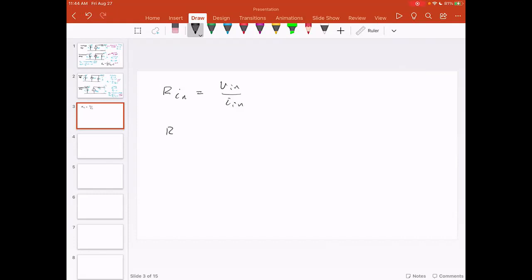Same thing with R out. It's equal to V out over I out, in exactly the same way. If we can measure the output voltage and the output current, then we can calculate whatever resistance must be there. So when I say that, it's like we've got a black box.